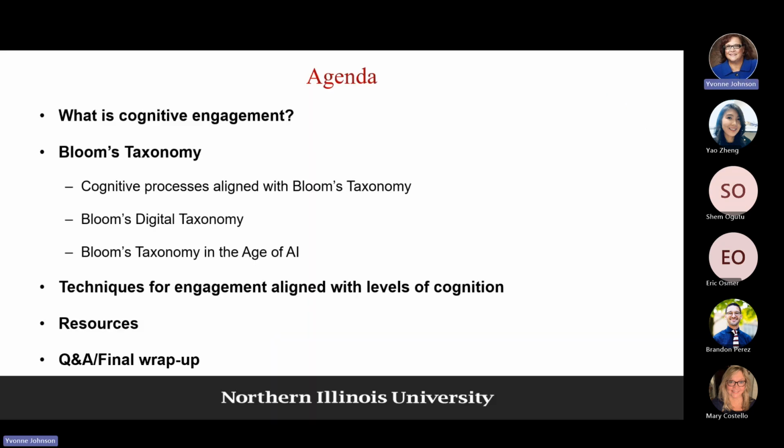We'll be talking about cognitive engagement. We'll use Bloom's taxonomy as a framework for the discussion. We'll talk about techniques that you can use, and then you'll have a variety of different tools that you can select from when you're designing and teaching your courses.